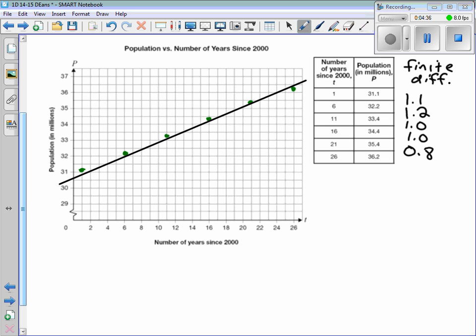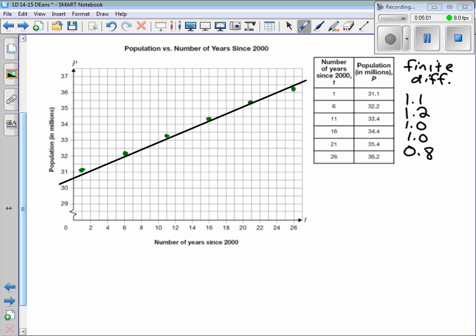I mean, 1.1, 1.2, 1, 1.8, they're very similar. And in our graph, our points don't all lie in exactly a straight line, but they lie pretty close to one. So we would probably say that this is a linear relationship, even though all of our finite differences aren't exactly the same.